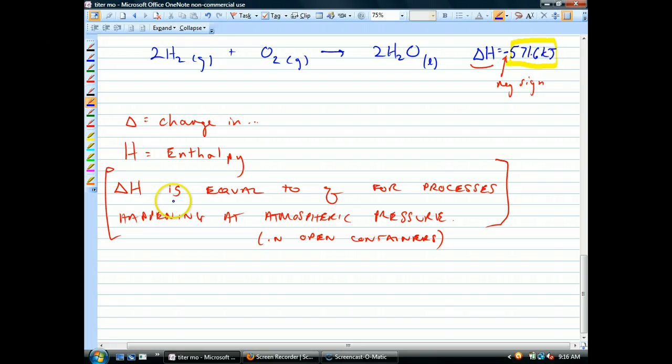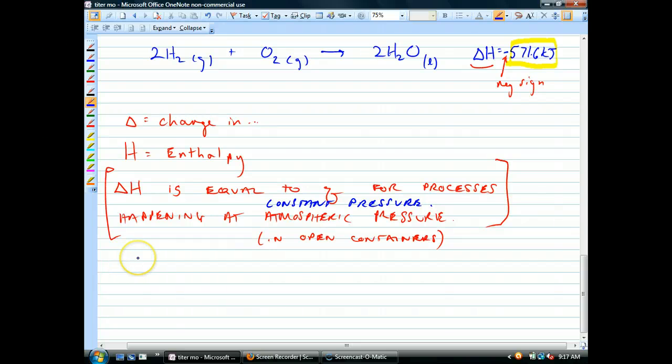So delta H is equal to Q for processes happening at constant pressure. And the way that we maintain constant pressure is by just using an open container.